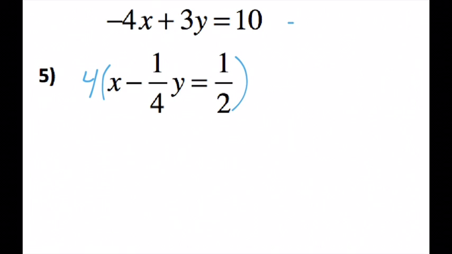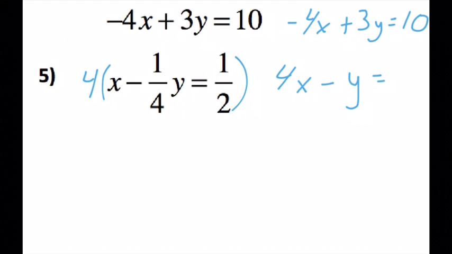Rewrite these two equations. So negative 4x plus 3y equals 10. Now 4 times x is 4x minus, and 4 times a negative 1/4 y is just 1y, equals, and 4 times a half is 2.